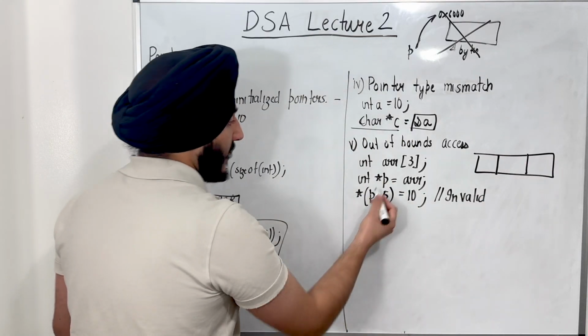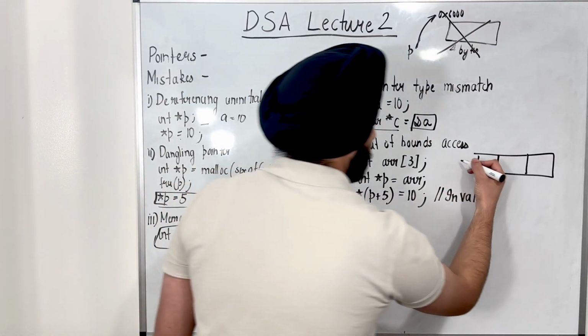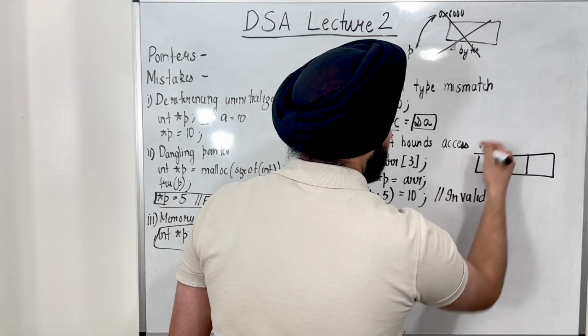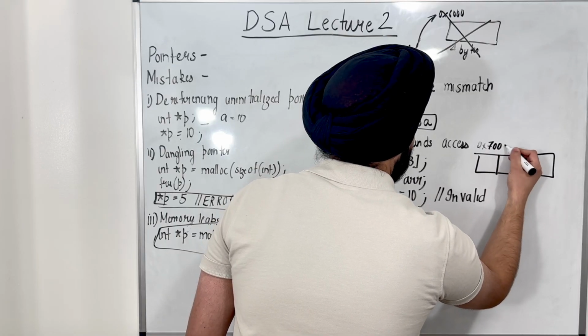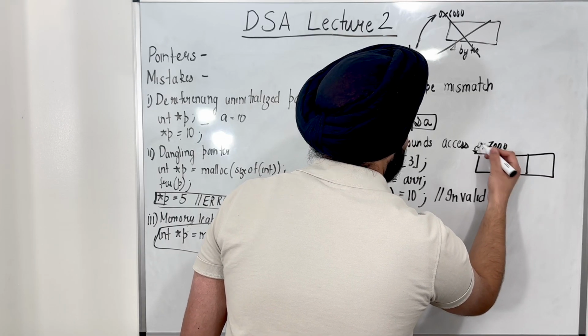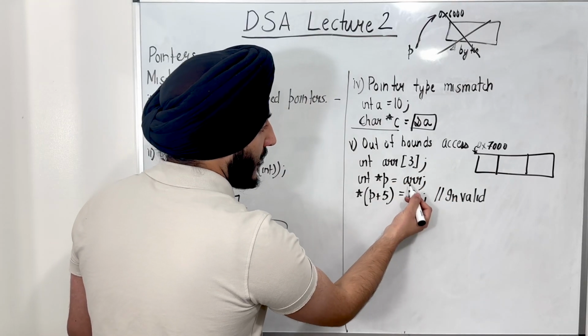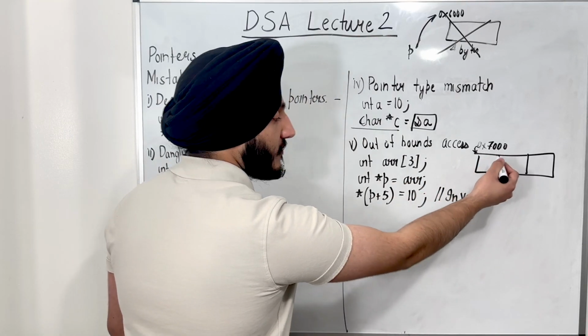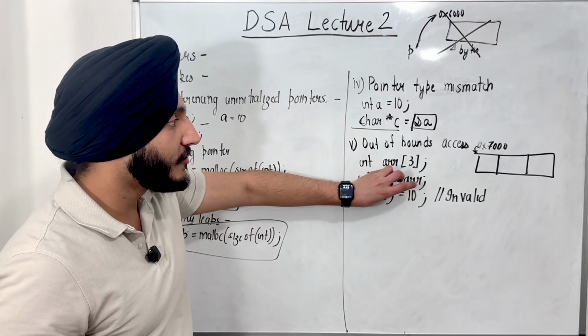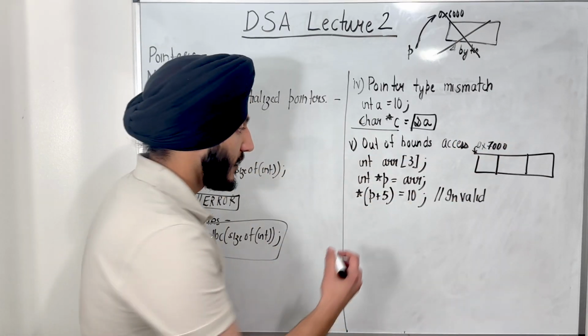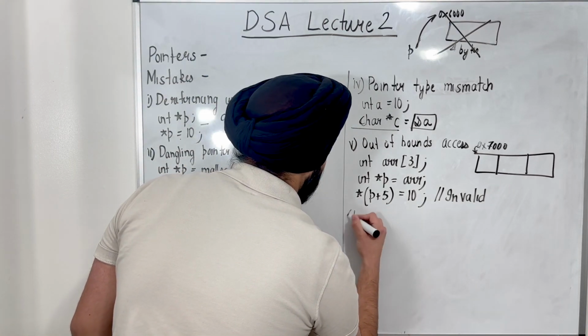I set the pointer to the array. Let's say the first address is 0x7000. What's going to happen is arr would actually be 0x7000, and P would store this address, so P equals 0x7000.